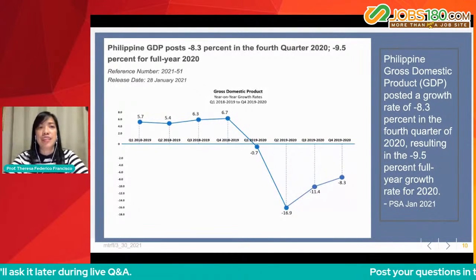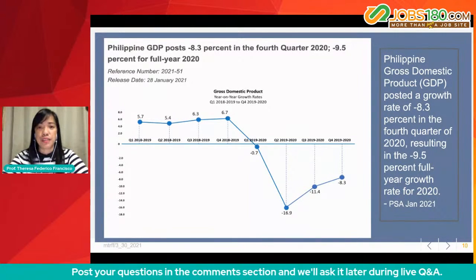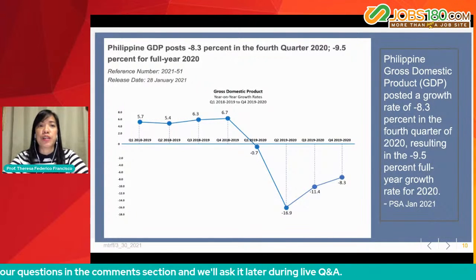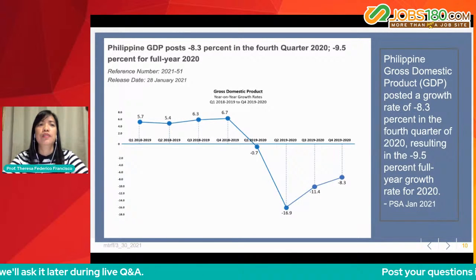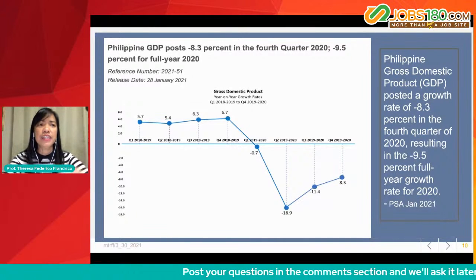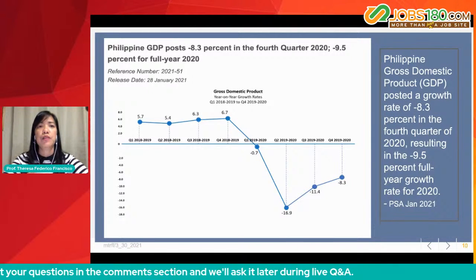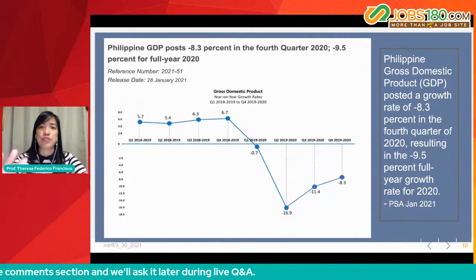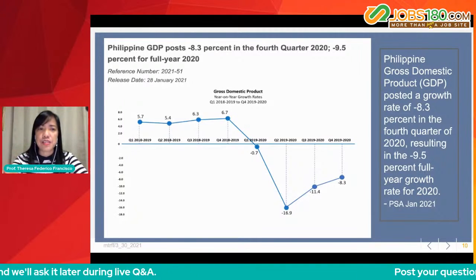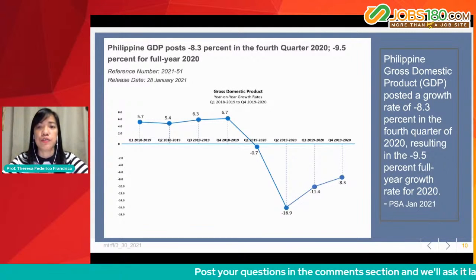According to the Philippine Statistics Authority, or the PSA, the Philippine gross domestic product posted a growth rate of negative 0.3% in the fourth quarter of 2020, resulting in a negative 9% full-year growth for 2020. That's very saddening. The construction sector, other services, and accommodation and food service activities contributed to the decline of the GDP for the fourth quarter.